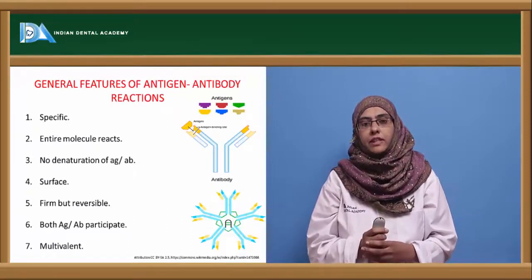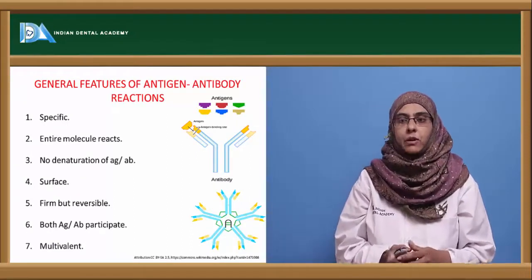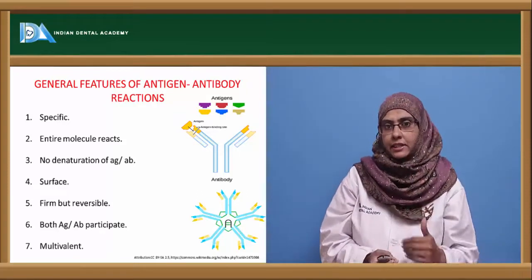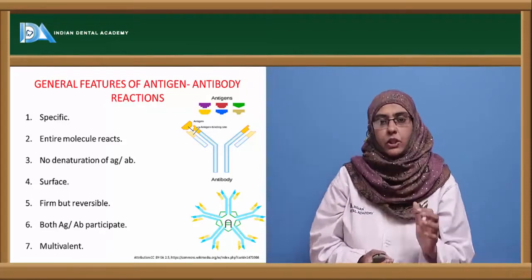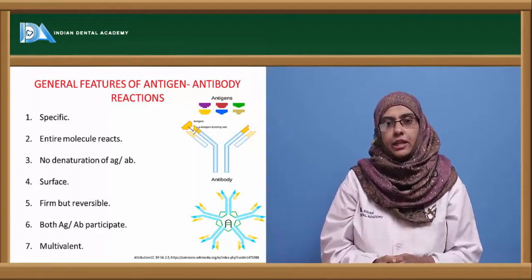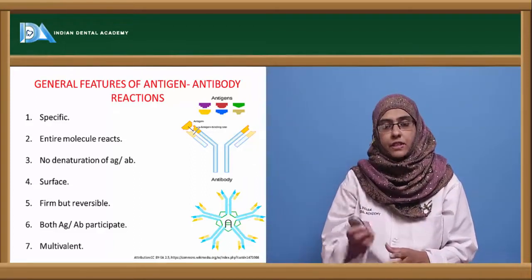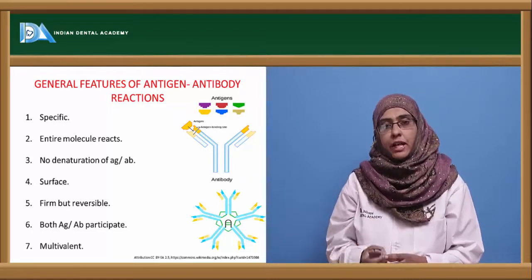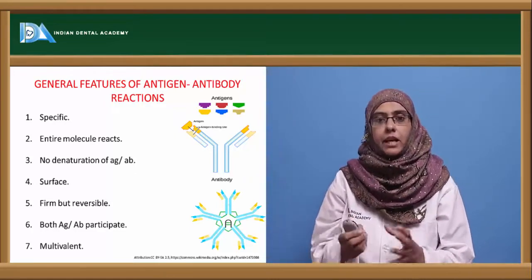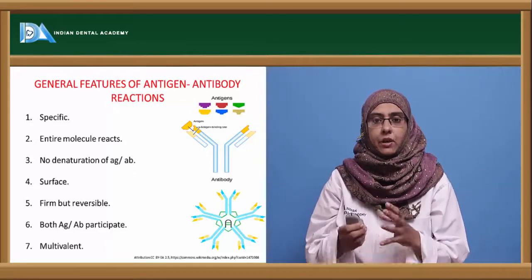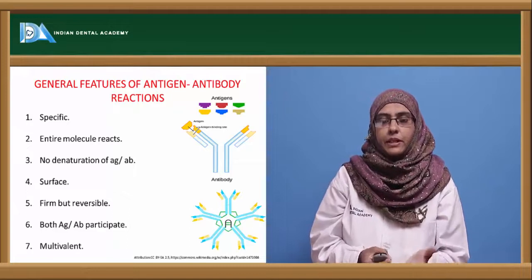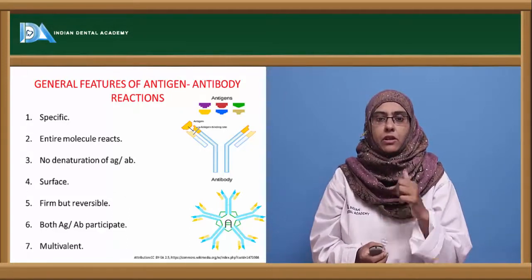Now coming to the general features, how do these antigen-antibody interactions usually take place? There are certain characteristics that have to be fulfilled so that the antigen and antibody form a complex with each other. First and foremost is the specificity. The antigen and antibody have to be highly specific to form an antigen-antibody complex, and the specificity is based upon the complementary shapes present on the antigen.